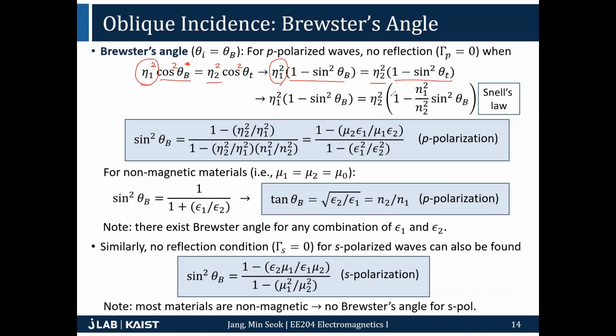Okay. And then applying Snell's law here. Snell's law says that n1 sine theta_i is n2 sine theta_t. So if you apply that to theta_t here, then this equation becomes like this.